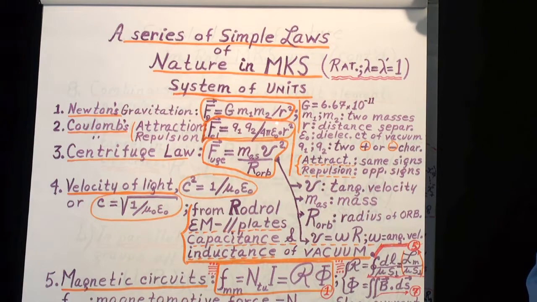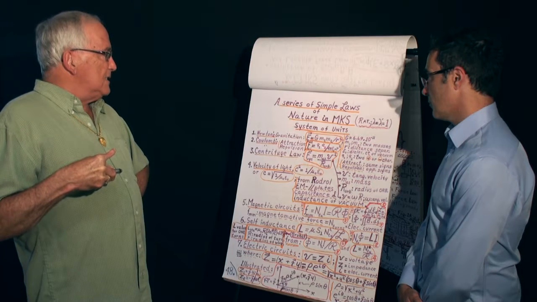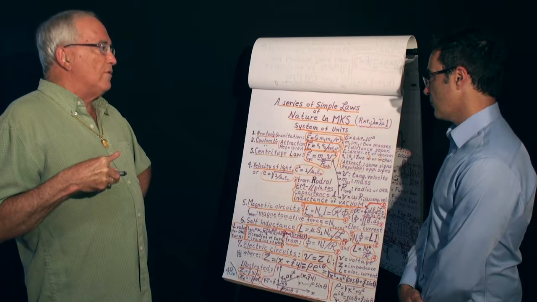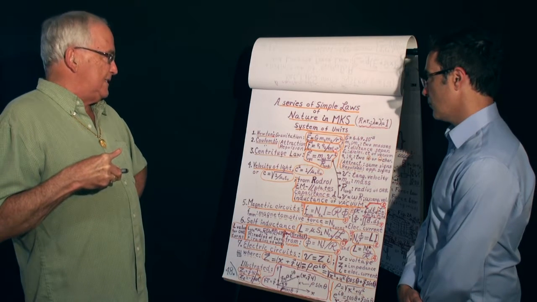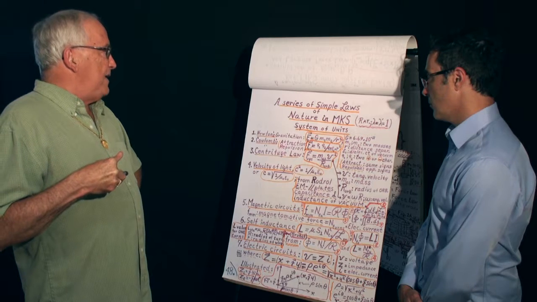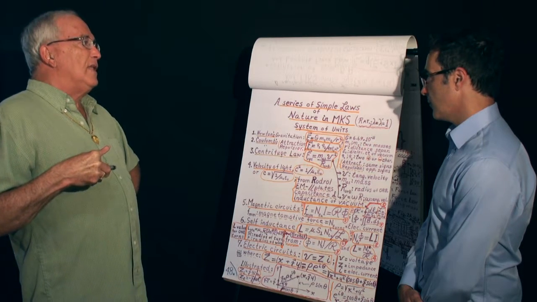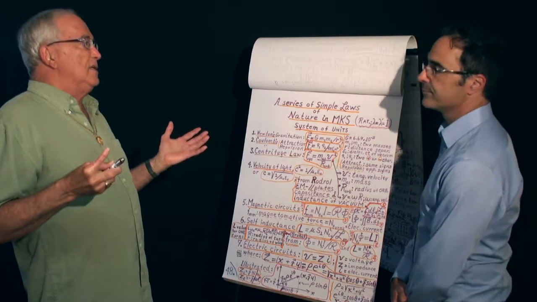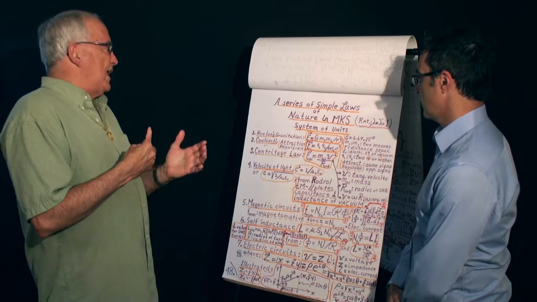Now, this is always attraction between two masses. But in electricity, we have what we call Coulomb's attraction-repulsion law. It's a similar type of law as the force is the inverse of the square of the distance. But it can be attraction or repulsion, depending on the sign of the charge. Charges of the same sign repulse and charges of opposite sign attract themselves.